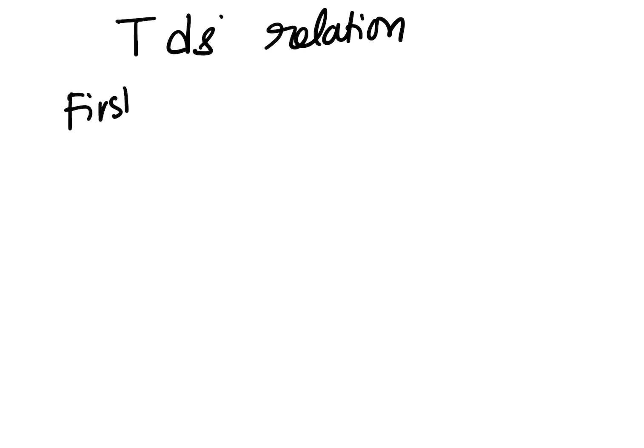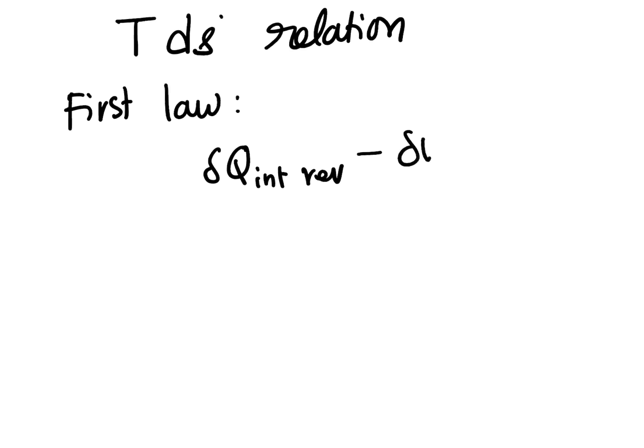Next, we are going to look at what are called the TdS relations, temperature-entropy relations. If we begin by writing the first law for an internally reversible process, think of the heat transfer that is internally reversible minus the work output that is also internally reversible. This should be equal to the internal energy change.